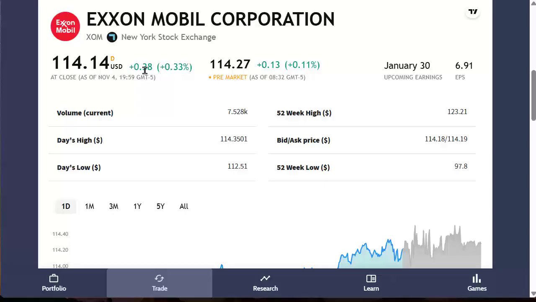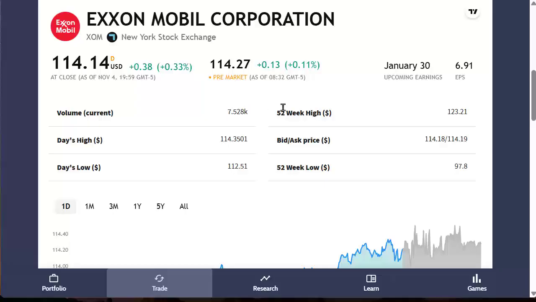From the start of the day, that was up 38 cents, which is 0.33%. As of 8:32 this morning, that was 15 minutes ago, it looked like it was going to start trading today at $114.27, which is up just a little bit from yesterday.